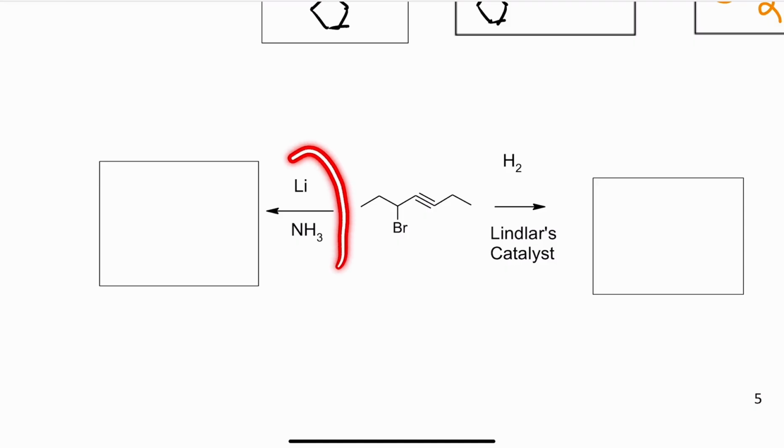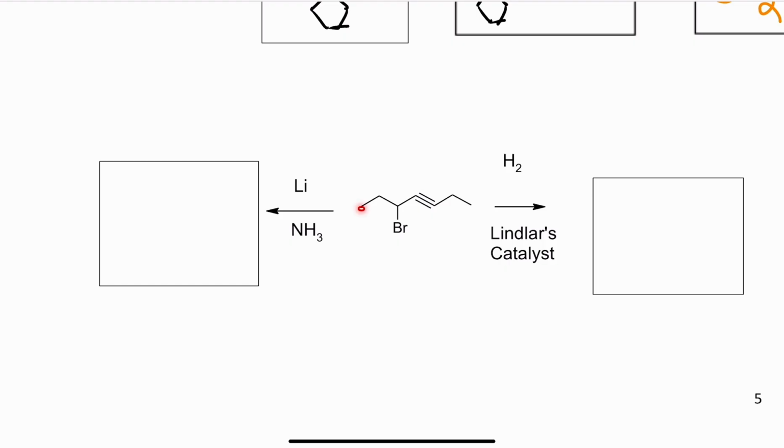Now you need to have memorized that this Li over NH3 will make a triple bond into just a double bond and will make it trans. And it's actually already trans. Trans as in things are staggered, where it would give you an E configuration, or the priorities are on different sides, pointing in different directions. So this normal chain is that.